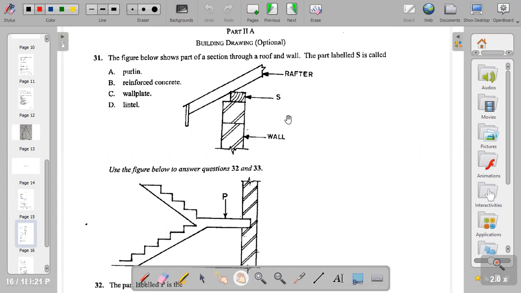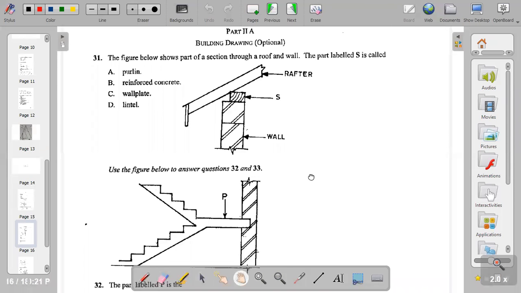The wall plate is that layer that comes immediately on the wall when you want to start the roof construction. So that part that is directly in contact with the wall is the wall plate. So it serves as a base for the roof. So the answer to question 31 is C.